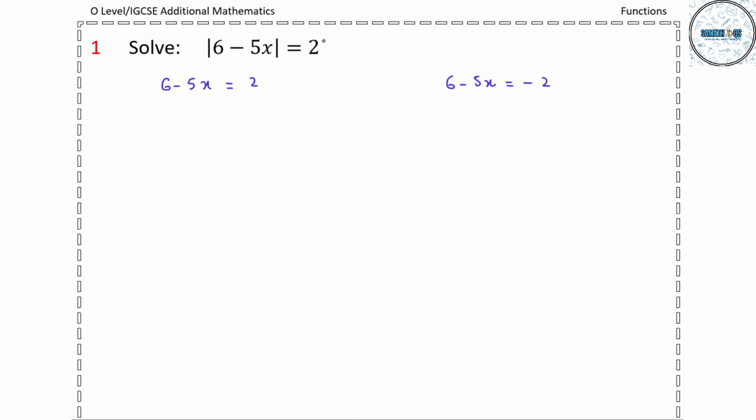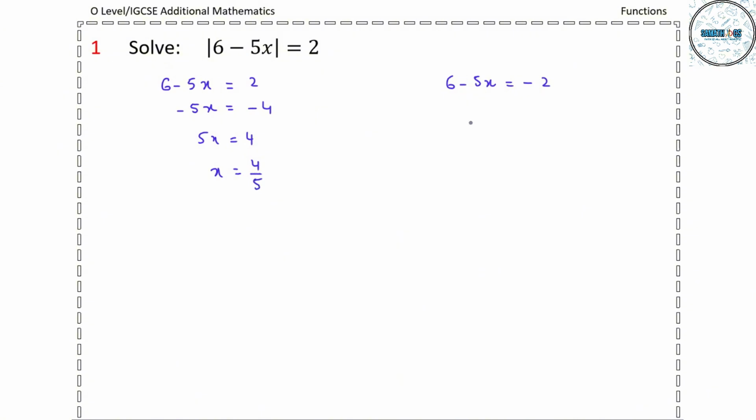That's why there is 2 here. Now we will solve this equation in the same way as we solve ordinary equations. Minus 5x is equal to minus 4, 5x is equal to 4, and x is equal to 4 upon 5.